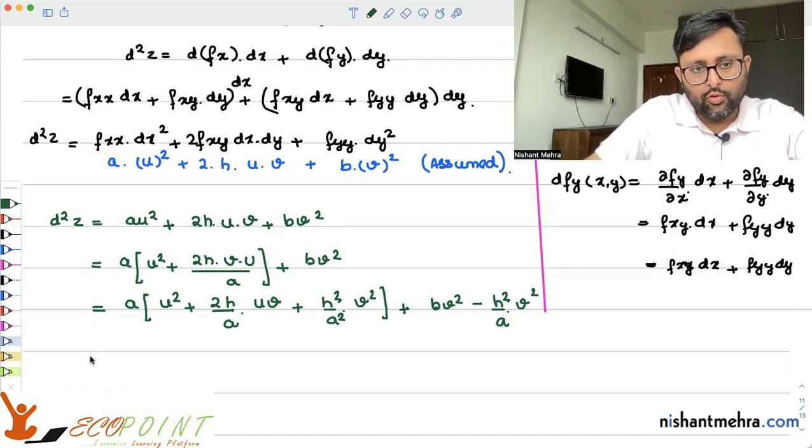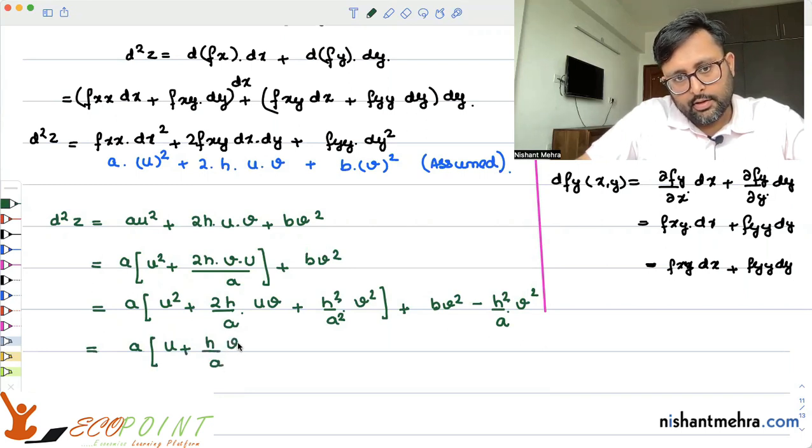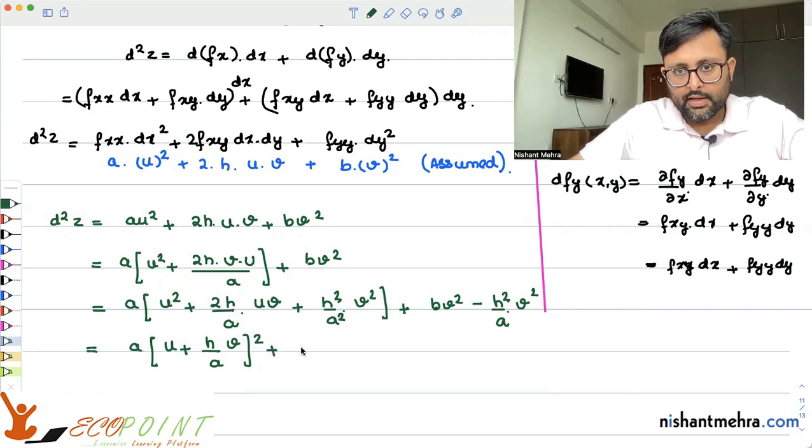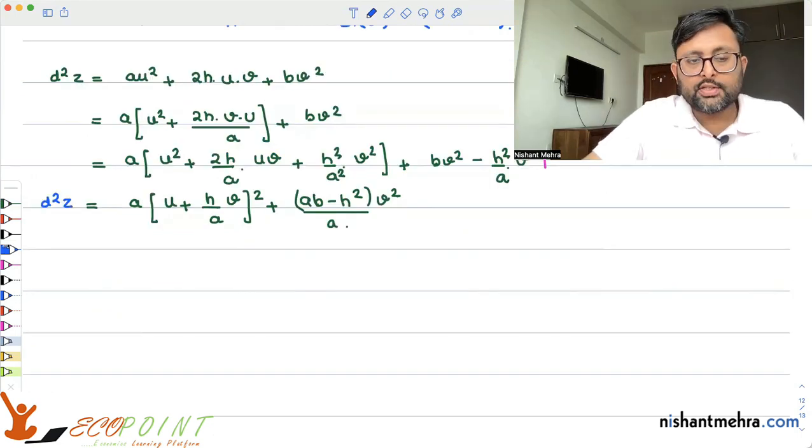So when you open this up, this thing is going to be u plus h upon a v, whole square, plus, I can take v square common. This thing is going to become ab minus h square, v square common upon a. So this is what we have got as d to z, right?